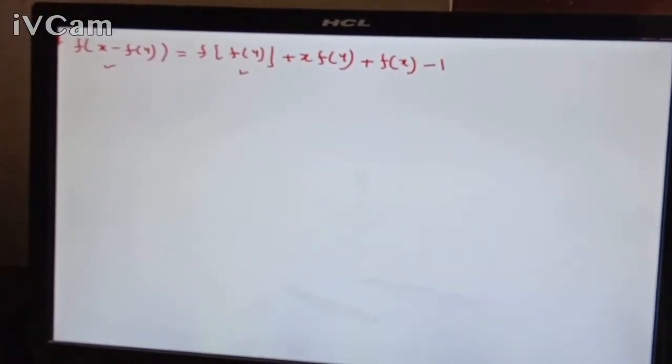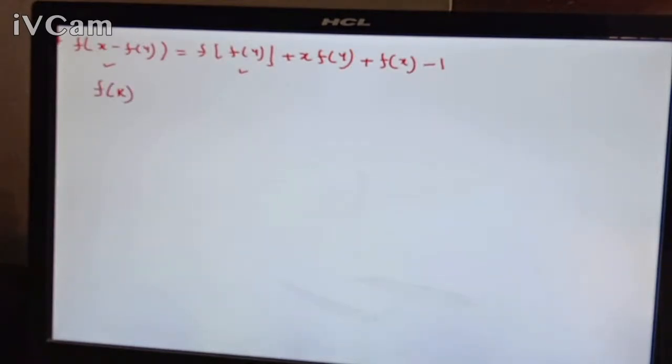So if we consider a value of f(y) to solve this equation, suppose f(k) equals n. Here it is given that f maps R into R. So if I consider f(k) equal to n, then I think there will not be any problem.